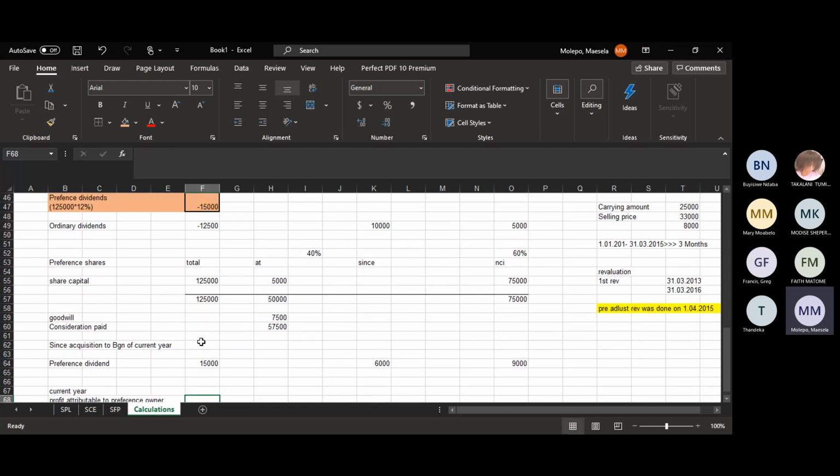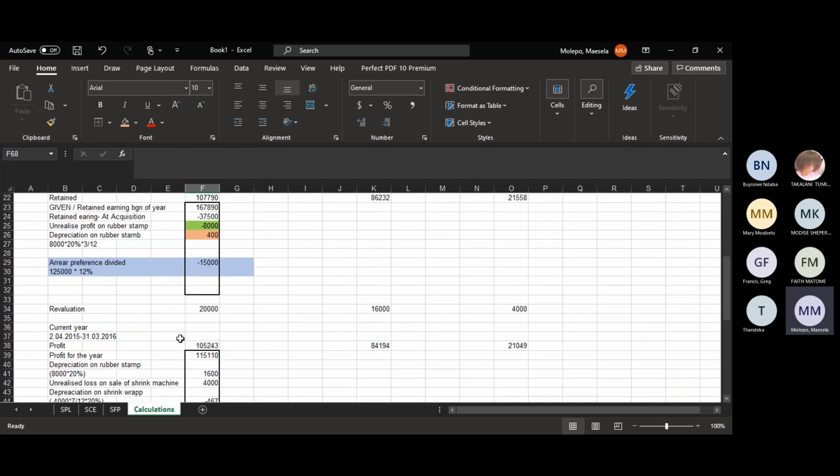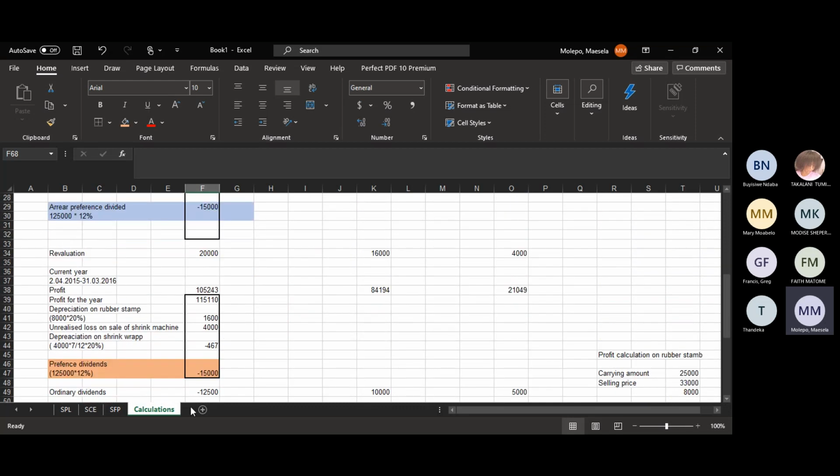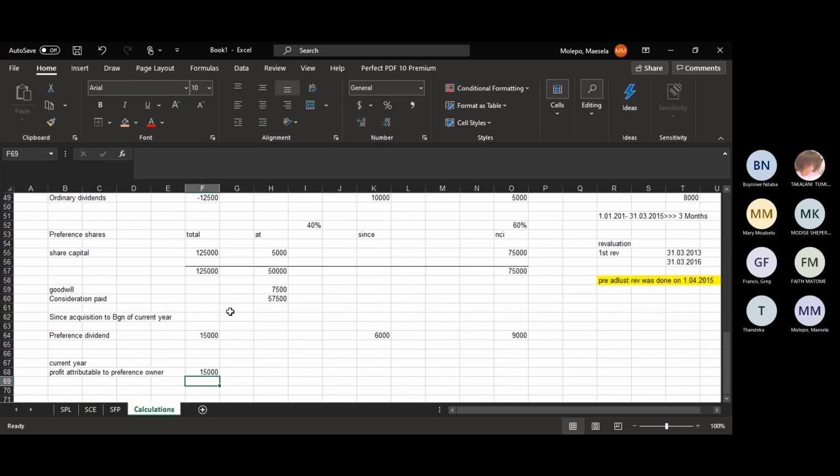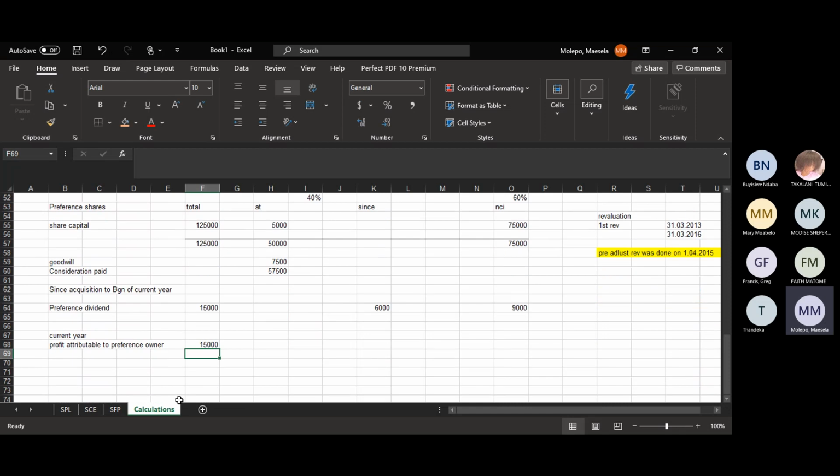This is the 15,000 paid here, because here the 15,000 was now paid. So we take this figure, we put it here. I'll use the same color.